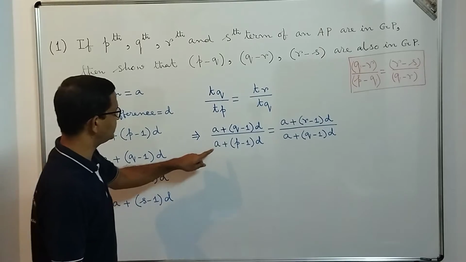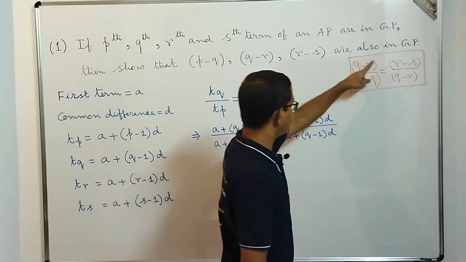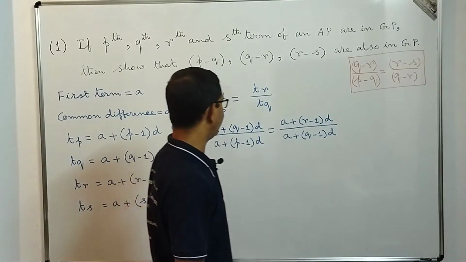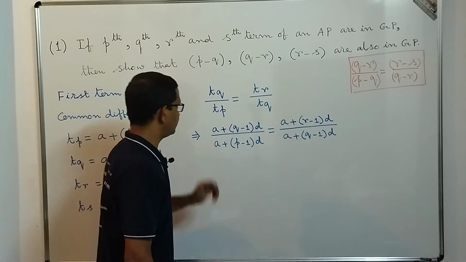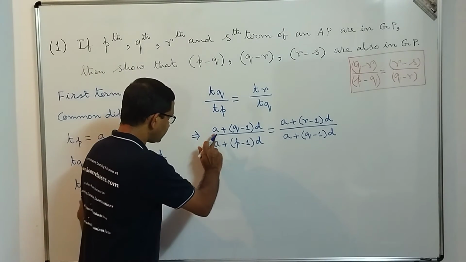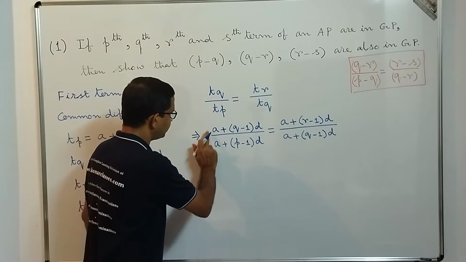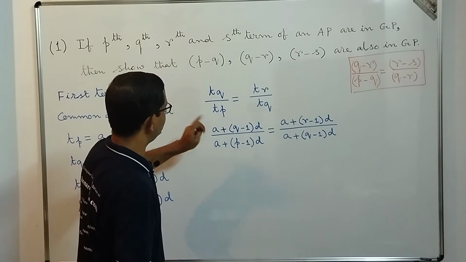Now as we need to bring the terms P minus Q, Q minus R and R minus S, what we are going to do, dear students, is that we need to subtract the denominator from the numerator.